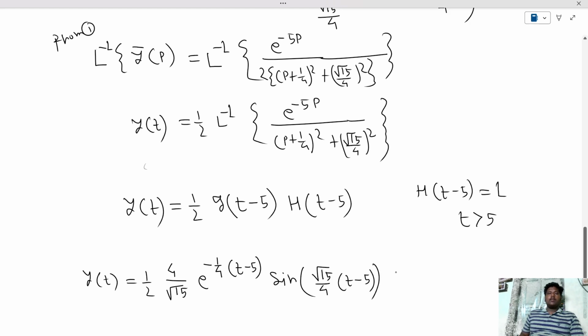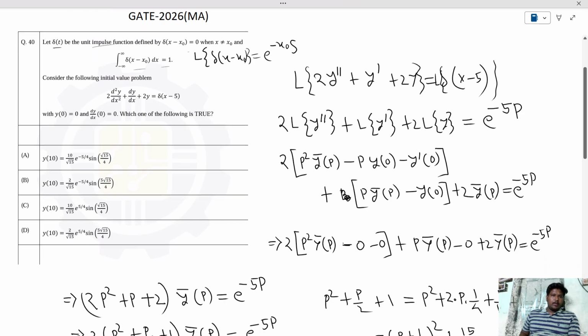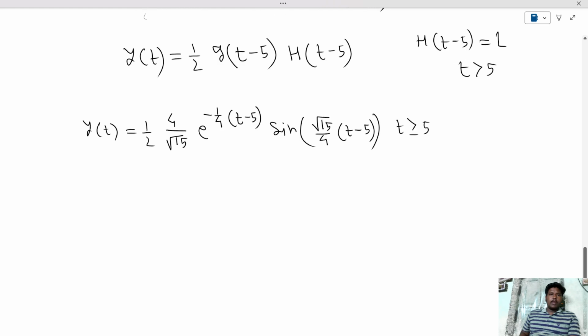Now we take t greater than equals to 5. Okay, now हम लोग को बोला गया है find the value of y10. So okay, y10 का value हम लोग निकालेंगे.